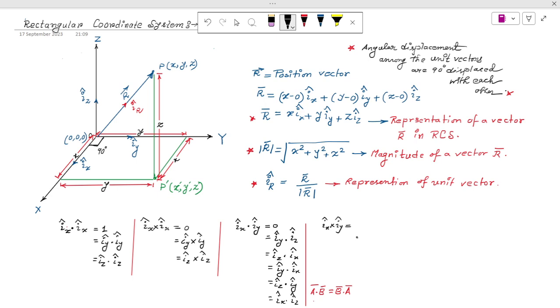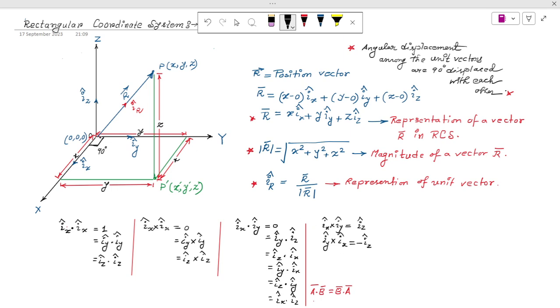Last one. Ix cross Iy will give you Iz. Very important. Iy cross Ix will give Iz but in the opposite direction, so consider minus.